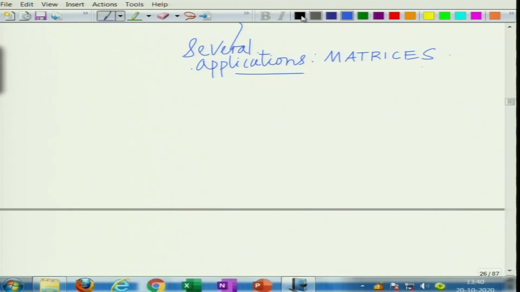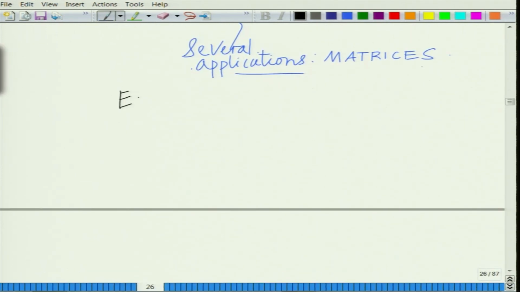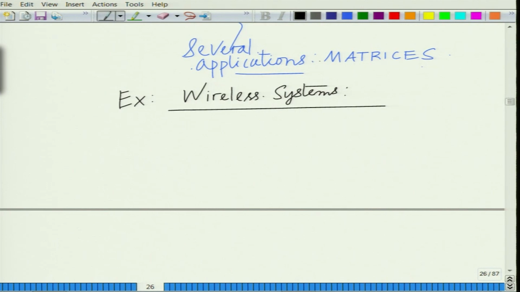So, I am just going to simply say the concept of matrices. Now, the first example that we are going to look at is basically in wireless communication, or modern wireless system design, where for instance all of you must be familiar that the modern wireless systems are basically 4G modern wireless networks.